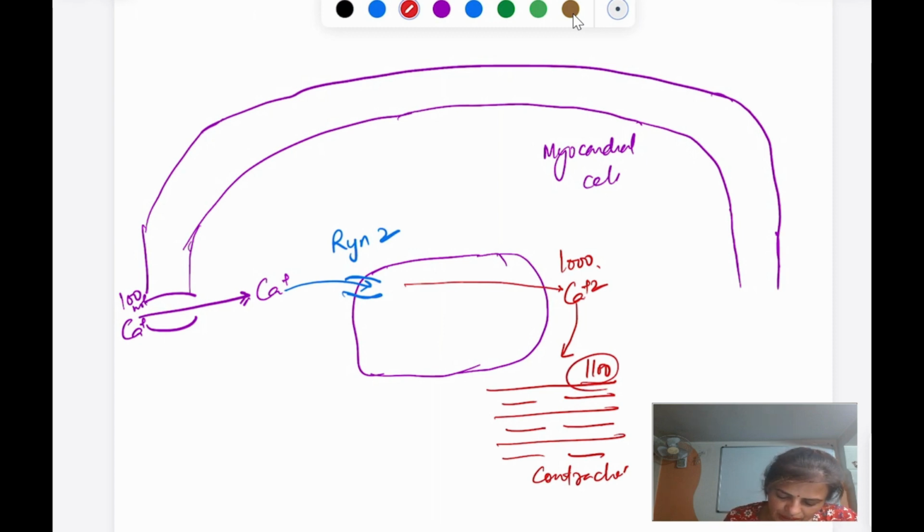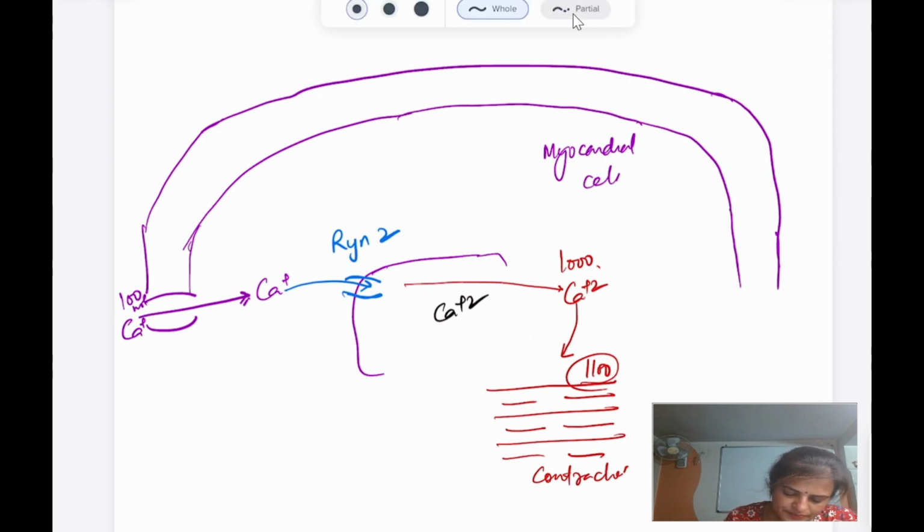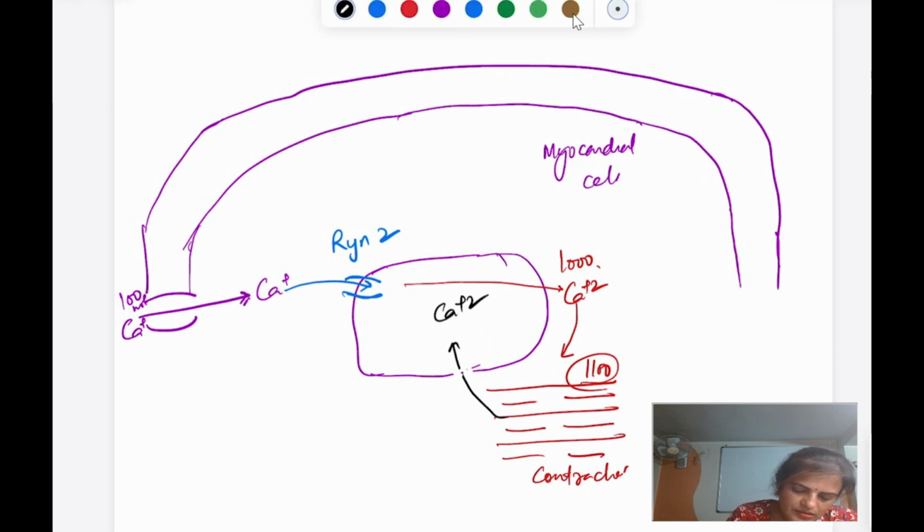What will happen after the contraction happens? Then these 1000 calcium molecules will be taken up back by the sarcoplasmic reticulum by another pump that is called SERCA.